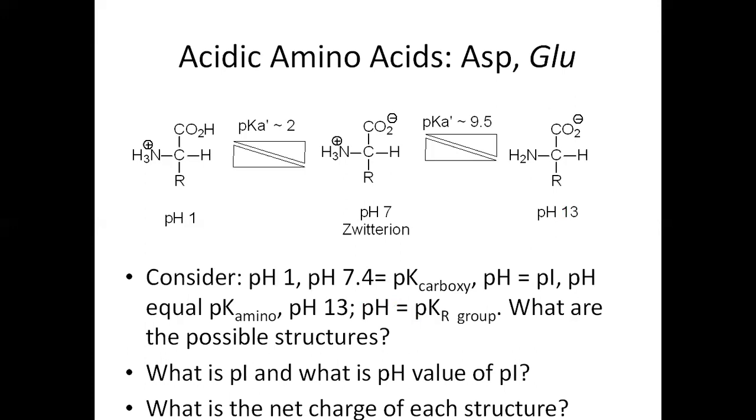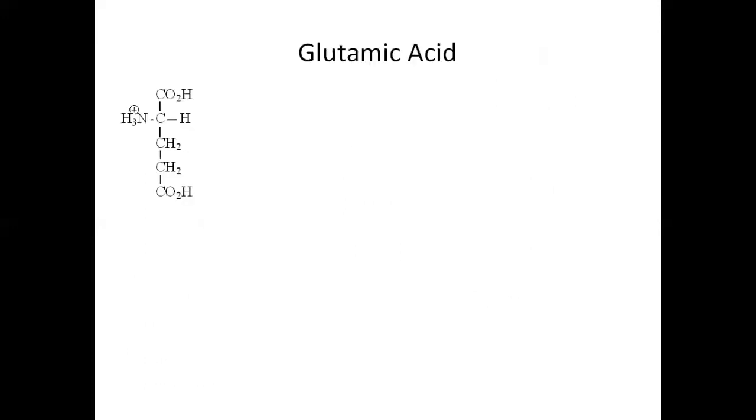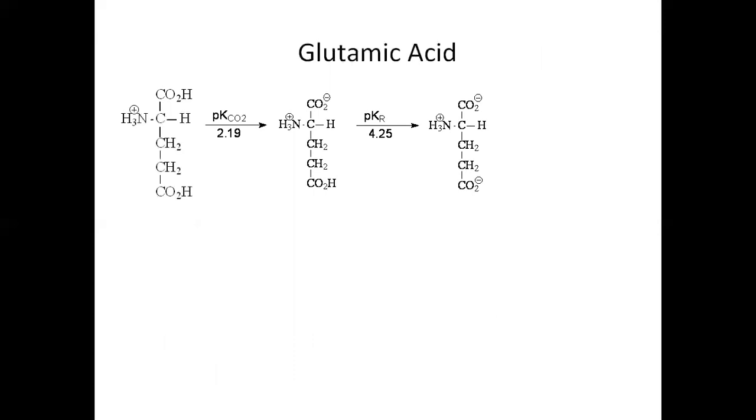At a pH of 1, structure A will exist. At pH 7, the structure in the middle will exist. And at pH 13, the structure on the right-hand portion of the slide will exist.